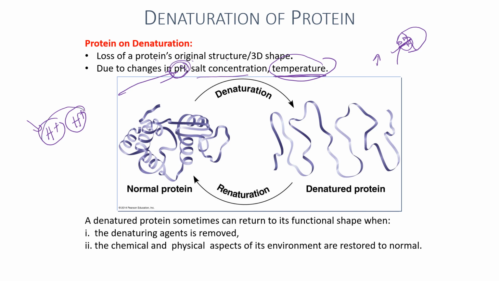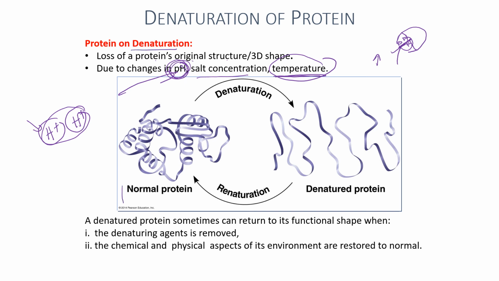So changing the pH of the solution will mess with the ionic bonds between the side chains, causing the protein to lose its shape, which means the protein is now denatured.